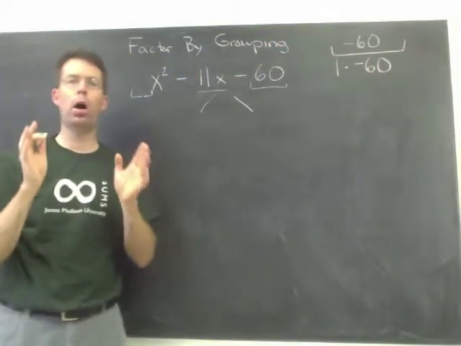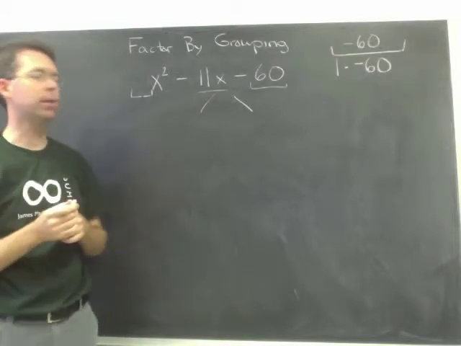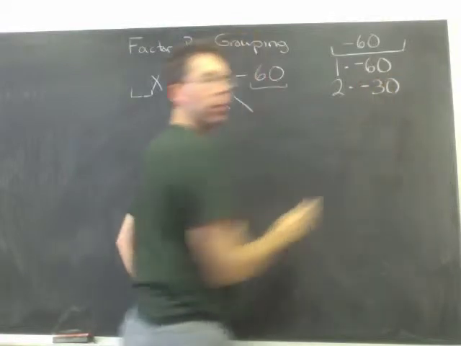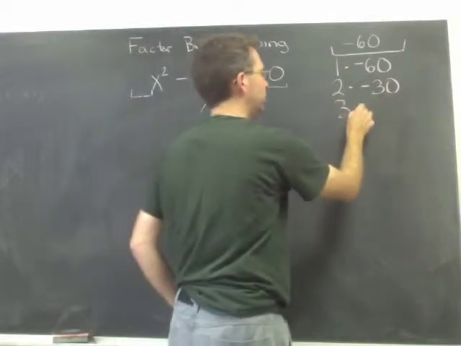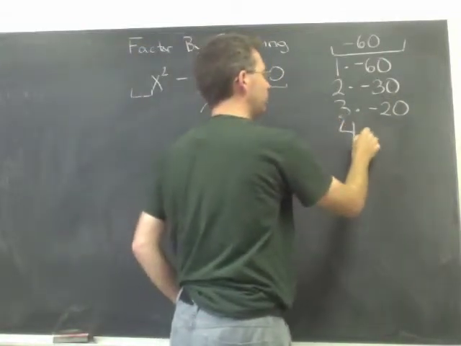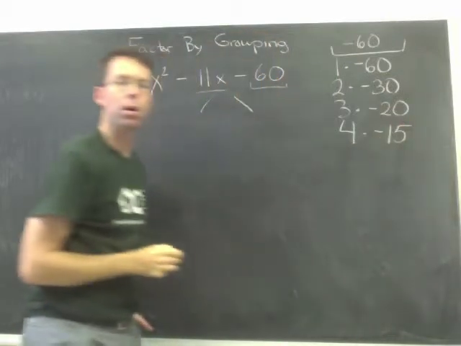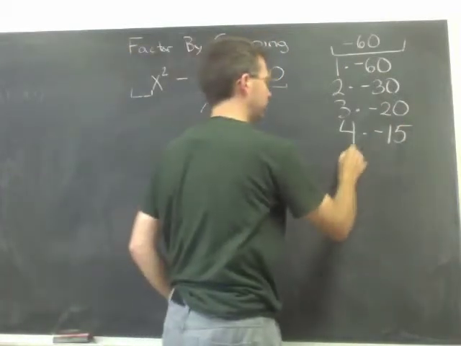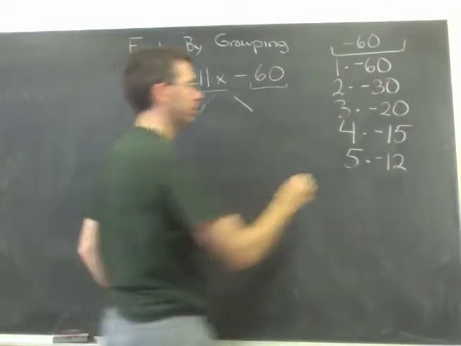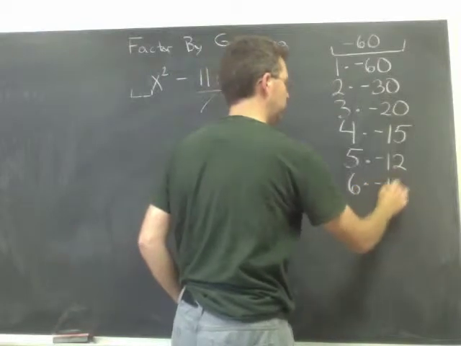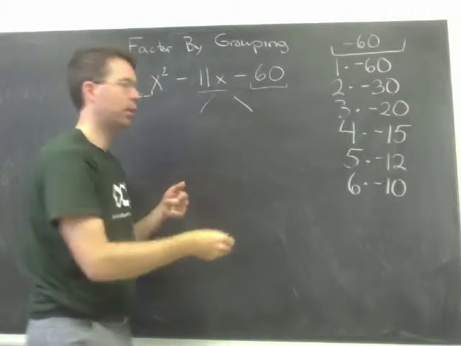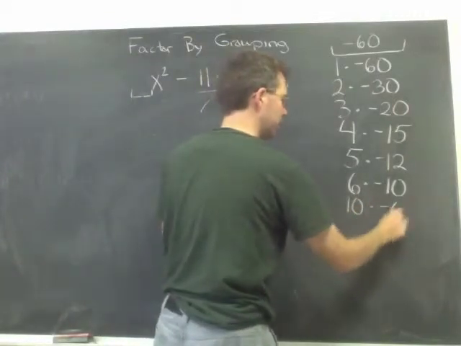And I'm going to look for all of the factors of negative 60. So we already have 1 times negative 60, 2 times negative 30, 3 times negative 20, 4 times negative 15, 5 times negative 12, 6 times negative 10, and then I start going back the other direction. 10 times negative 6.